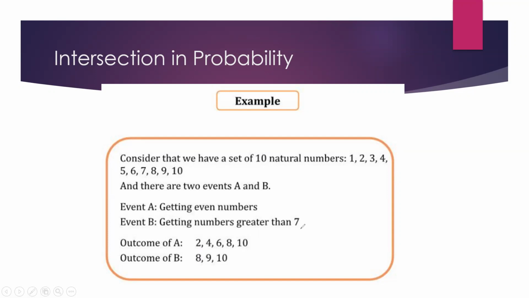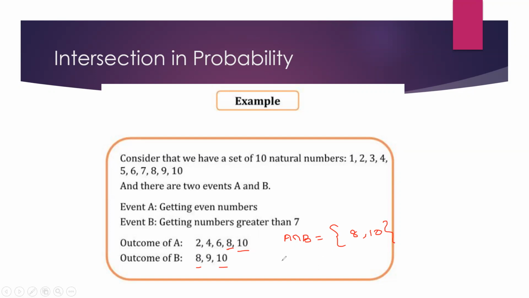In case we have to find out the intersection, how can we find out the intersection? Say A intersection B. So let's see which are all common. 8, 8, 10, 10, right? So A intersection B is equal to 8, 10.